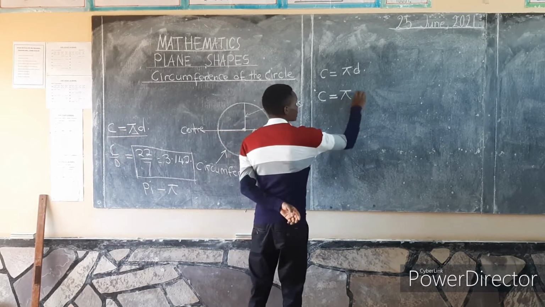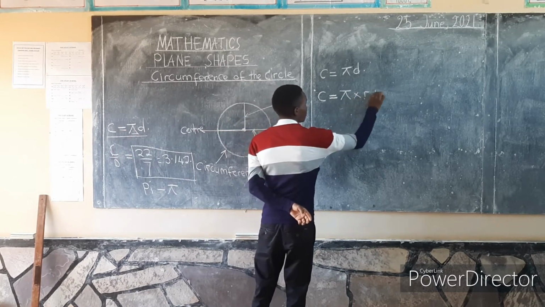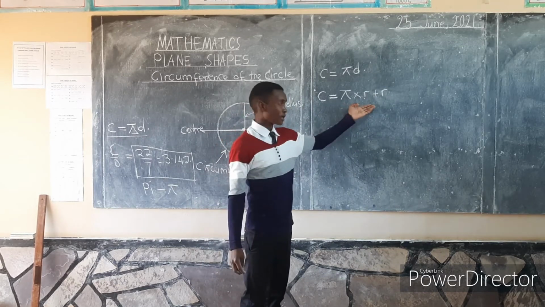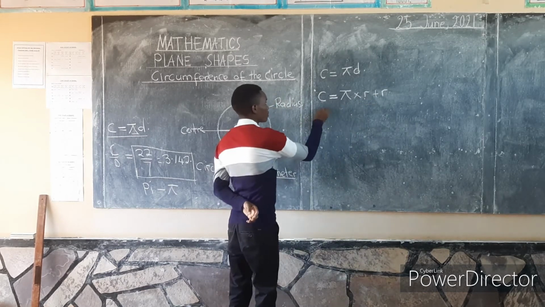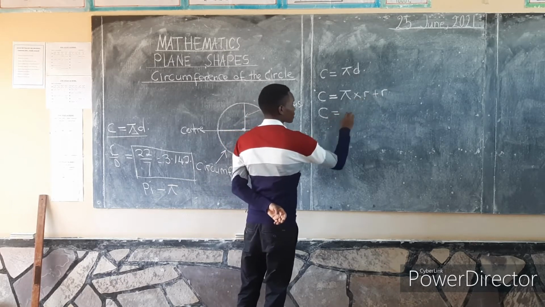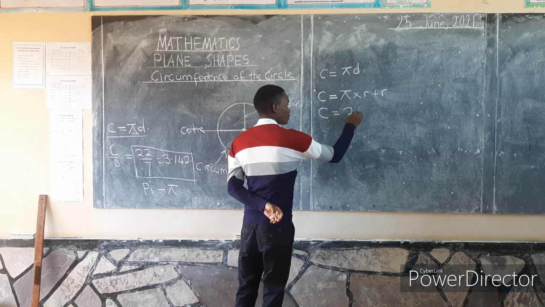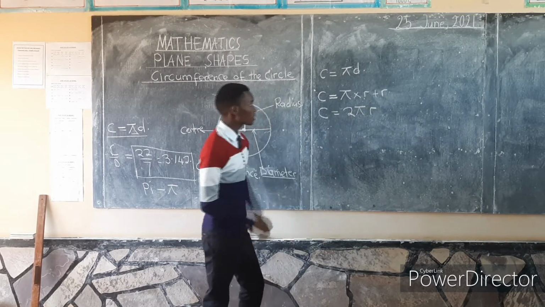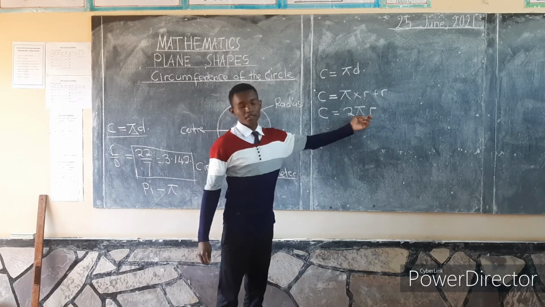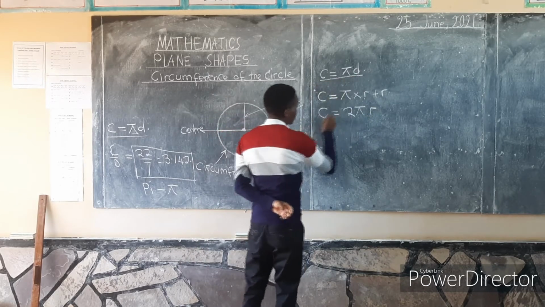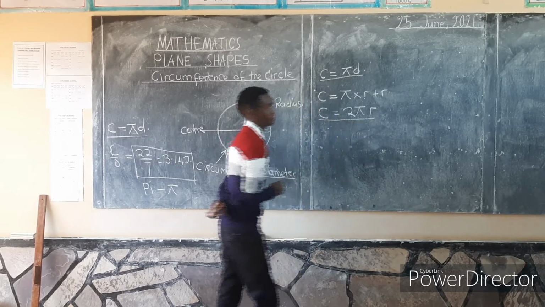Therefore, c is equal to pi times 2 r. So the two formulas that we'll be using are this one and that one.